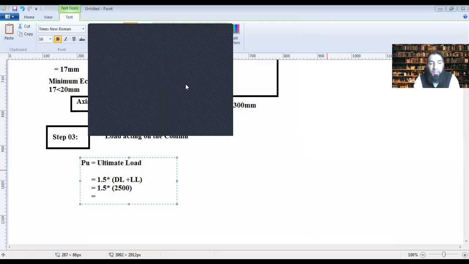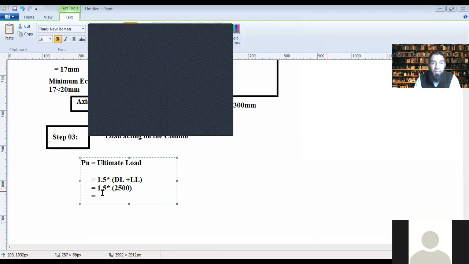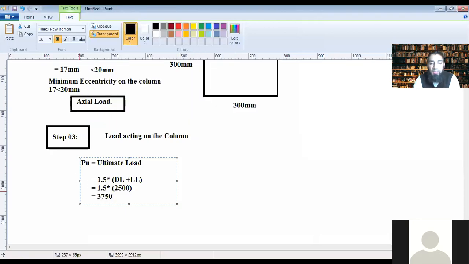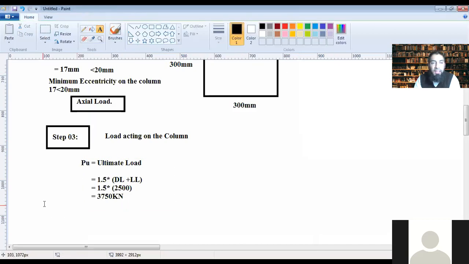Are you solving this? 3750, 3750 kilonewton. So this is the load which is acting on the column.